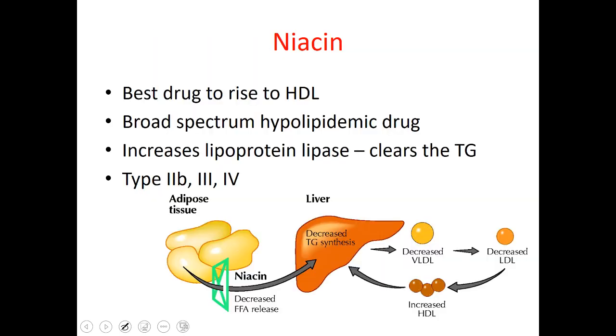So to summarize the key points for fibric acid derivatives, they mainly stimulate vascular or endothelial lipoprotein lipase and cause reduction in triglycerides. They are also activators of PPAR alpha.